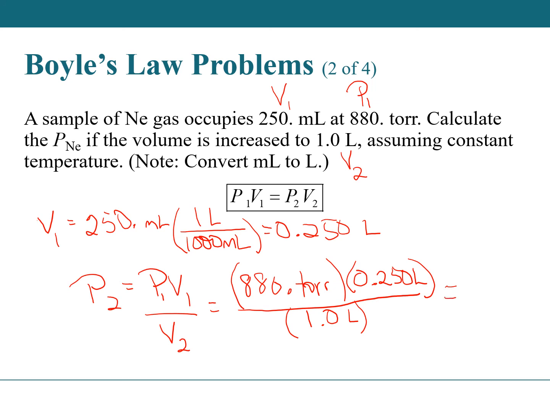So what we get is 2.2 times 10 to the 2 torr. Why do I write it this way? Because this is two significant figures, so your answer should have two significant figures.